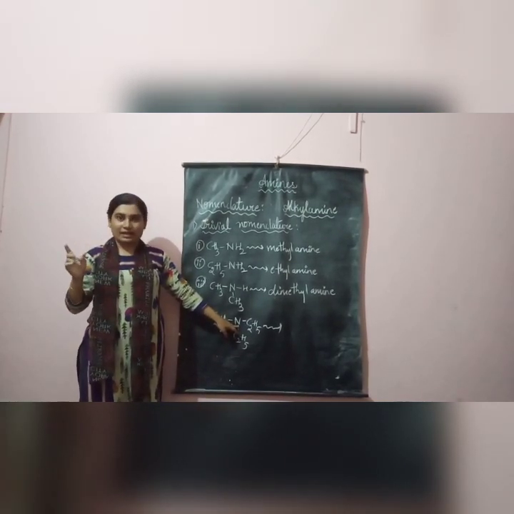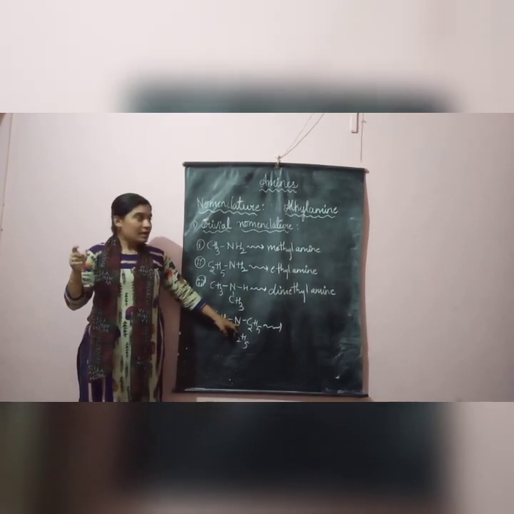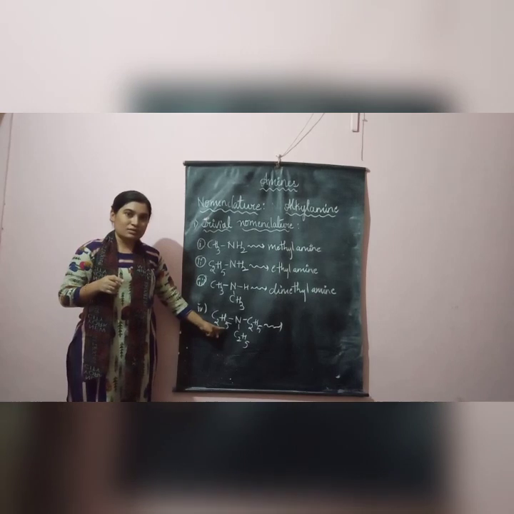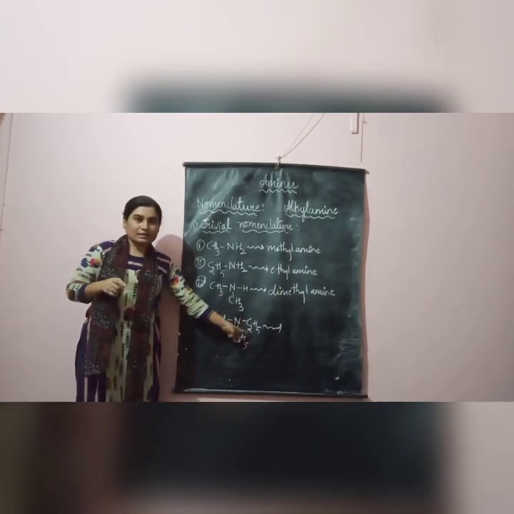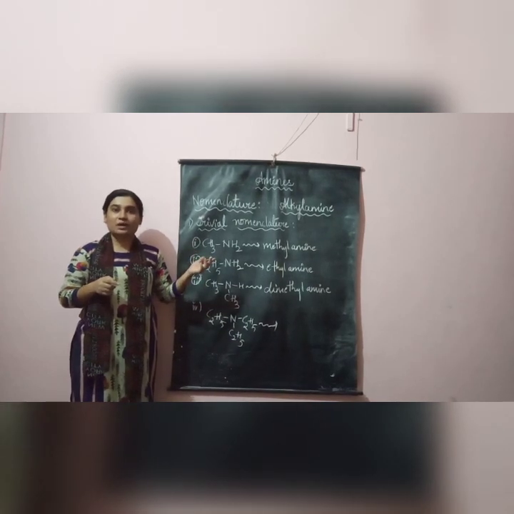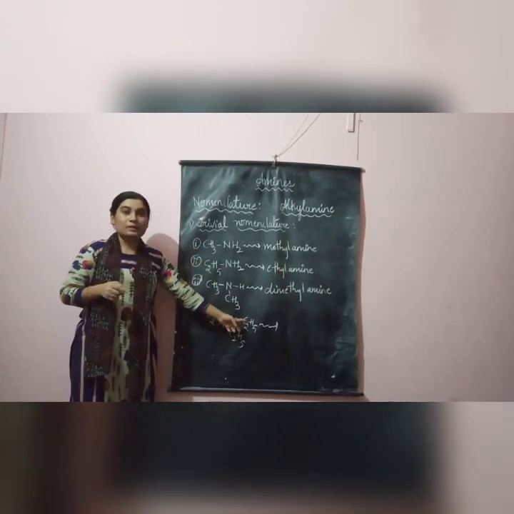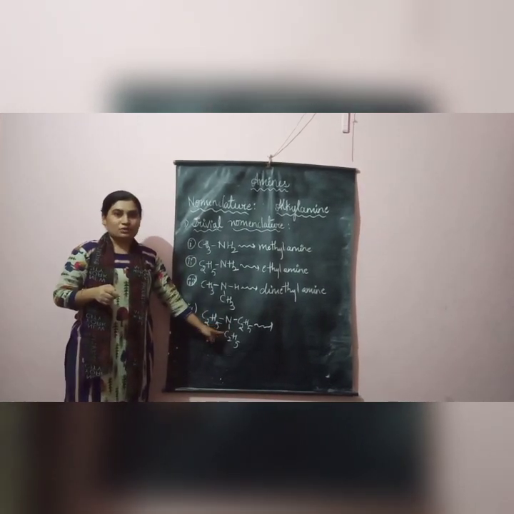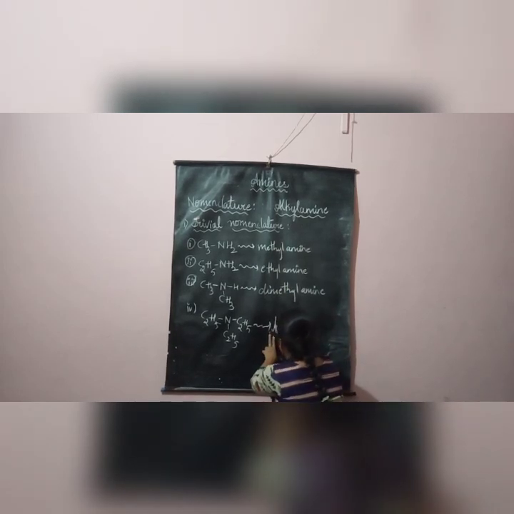Since we only have N and all the three hydrogen atoms are replaced, it will be a tertiary amine. So which type of name shall I give to this? All three alkyl groups are same, so I can use the word tri. If three times, I can use the word tri. Which is the alkyl group? Ethyl. So it will be named as triethyl amine.